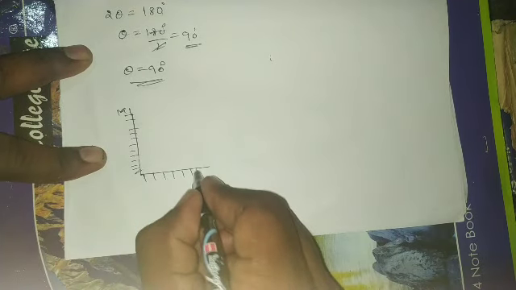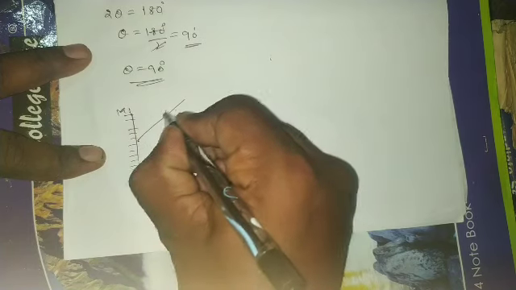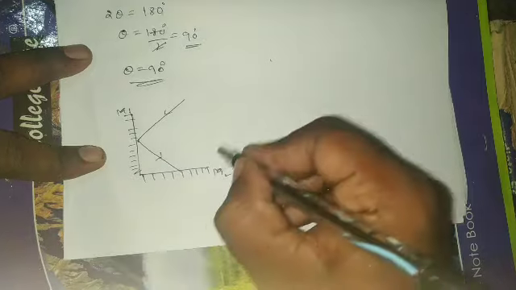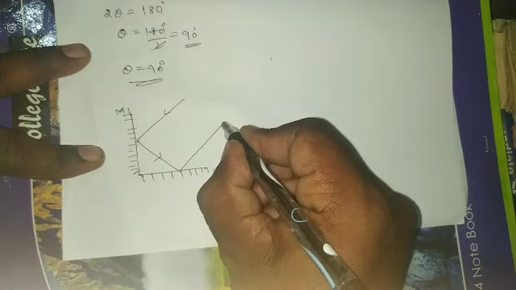This is the plane mirror M1. This is the mirror M2. When a ray of light comes from various directions, it is incident, then reflected and finally goes away.